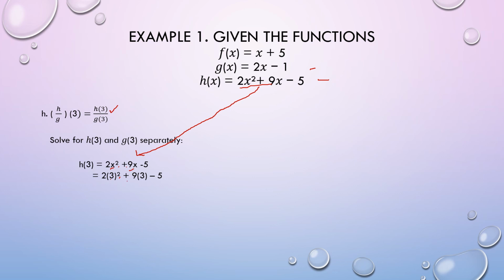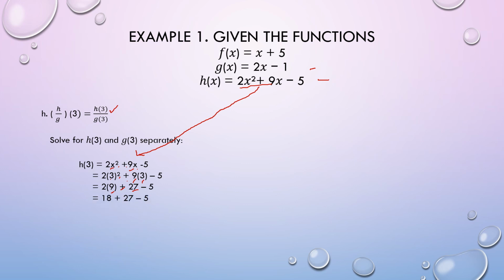We have 9, we copy 9, and then replace x with 3. And then we have minus 5. Okay, any question on that? And so we have 2 times 3 squared, or 3 times 3 equals 9, and we have here plus 9 times 3, that is 27, minus 5.